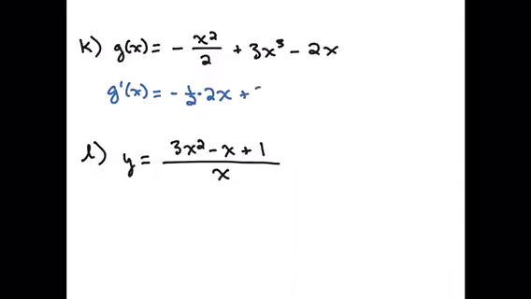For the second term, 3 stays out front, and then the derivative of x cubed is 3x squared. And for our last term, the derivative of x is 1, so we just have minus 2. And if we clean this up, multiply our coefficients together, I get negative x plus 9x squared minus 2.